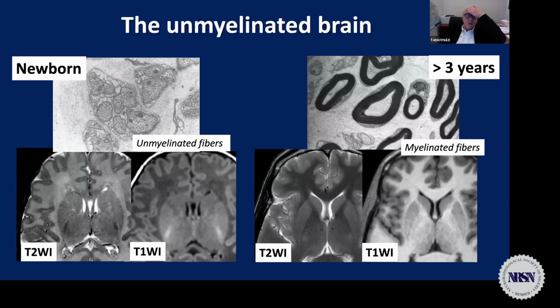And that's due to the fact that there is no myelin, and myelin is rich in lipid, and the presence of myelin reduces water and increases lipids. So this changes dramatically the signal intensity of the white matter.